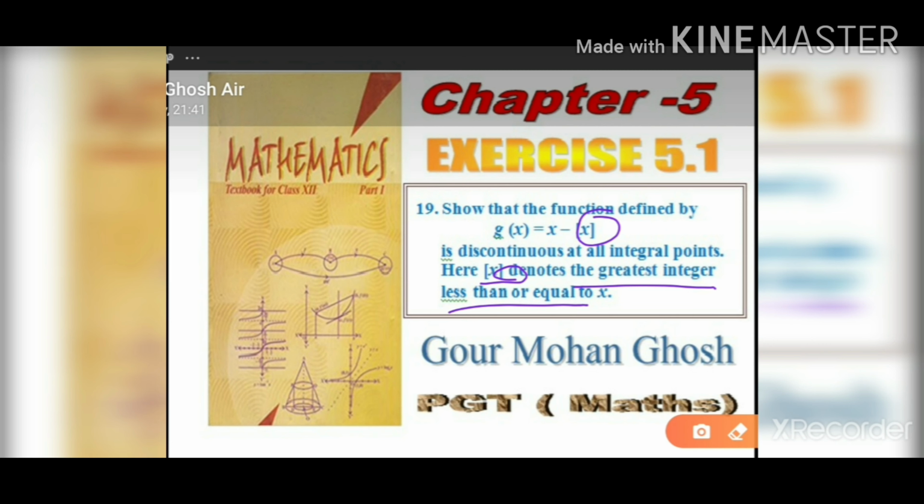So we first explain the greatest integer [x] and what its meaning is. You may or may not have understood, so I clarify this. It is not necessary when you are solving, it is just for your understanding.